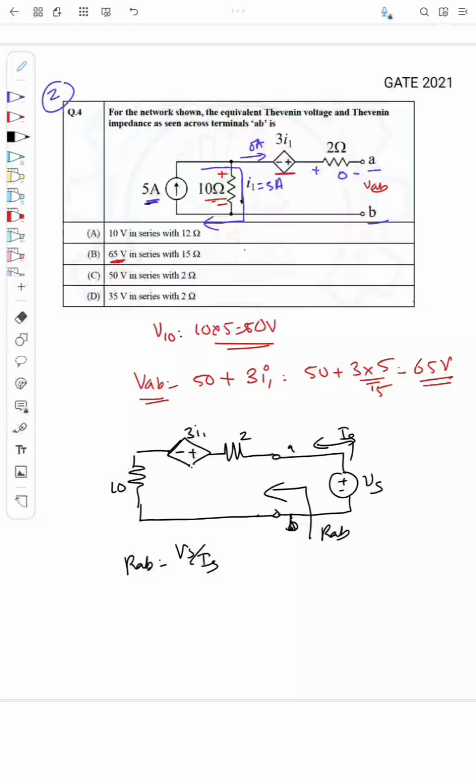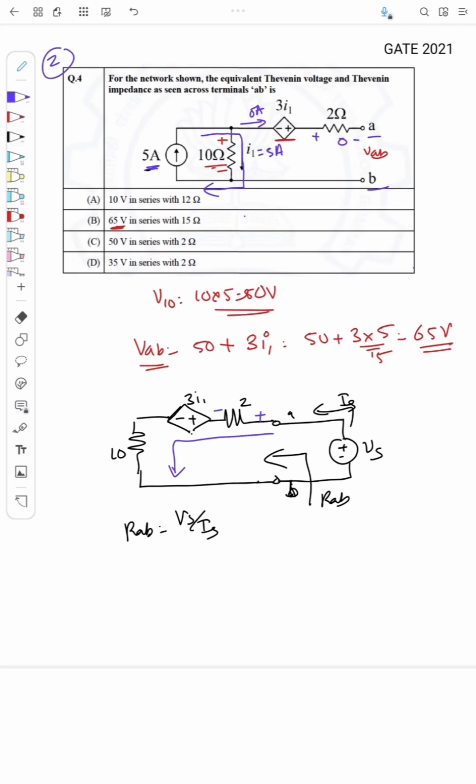Since this is the current Is, this will flow like this, so there will be a voltage drop across the 2 ohm, and a voltage drop across 10.